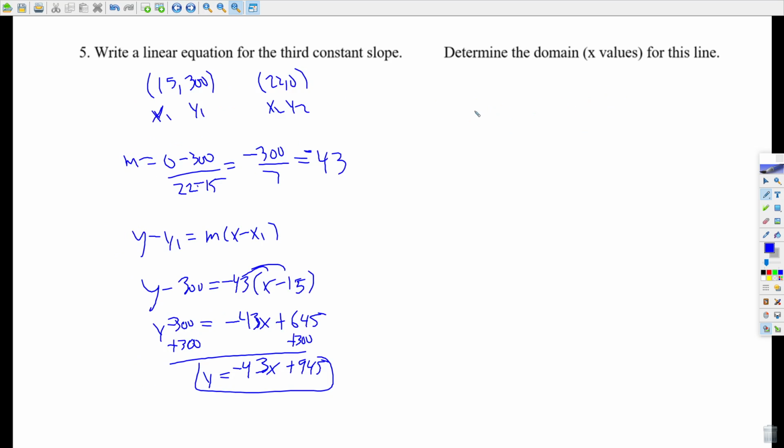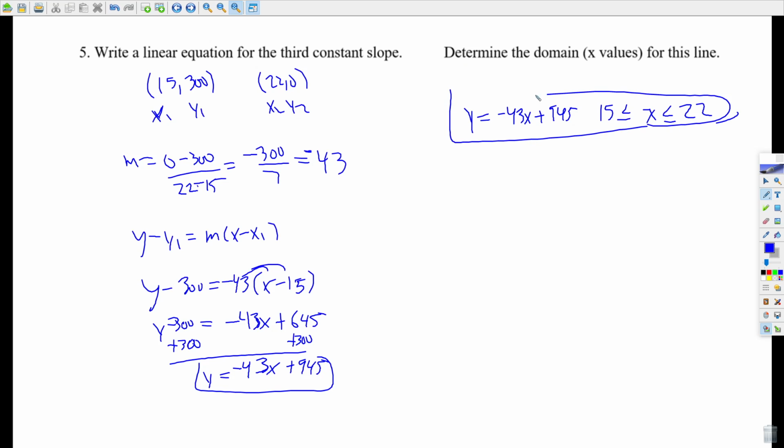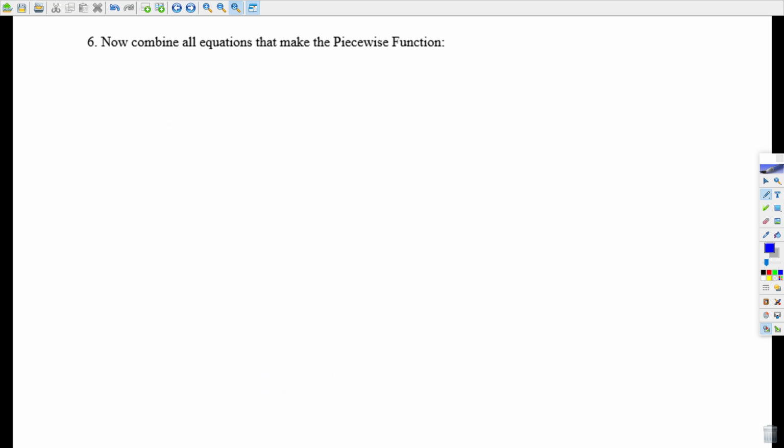So we would say it's this equation plus 945 from 15 to 22, less than or equal to, x in the middle. So all these pieces, this equation and the last two we just did, get put together to make a piecewise function.